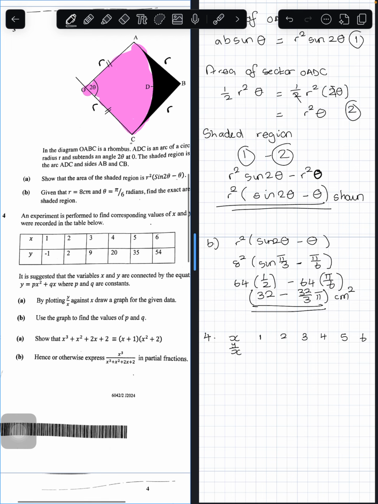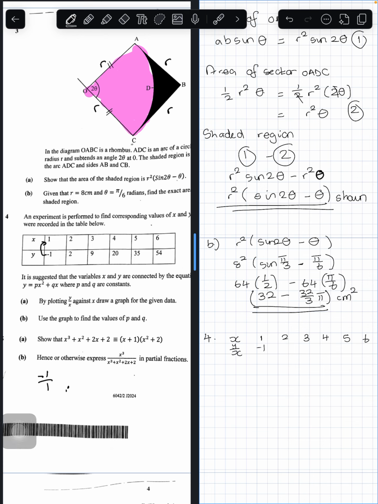So from here, the value of y is minus 1, the value of x is 1. So it's minus 1 over 1. So it's minus 1. The next one, 2 over 2 is 1. The next one, 9 over 3 is 3. The next one, 20 over 4, it's 5. The next one, 35 over 5, it's 7.